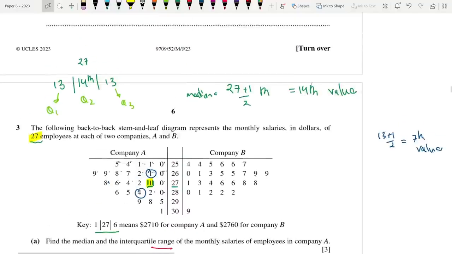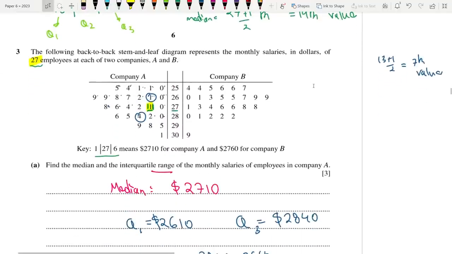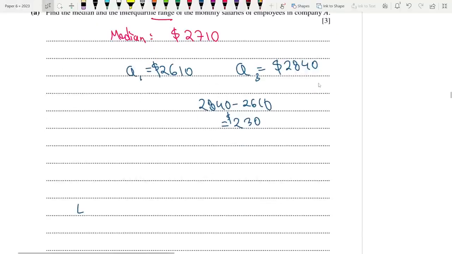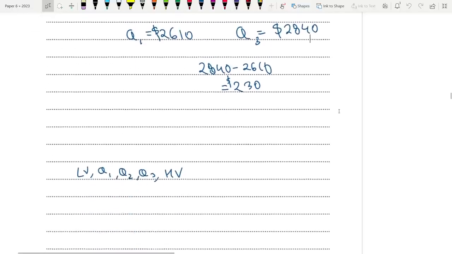Now we have a box and whisker plot in the next part. So remember, the basic gist is, for box and whisker plots, we need 5 values. We need the least value, Q1, Q2, Q3, and the highest value. So let's begin.